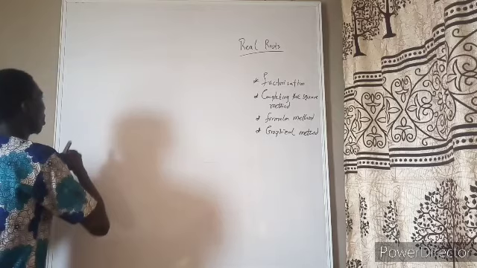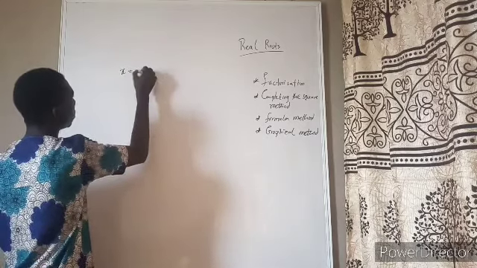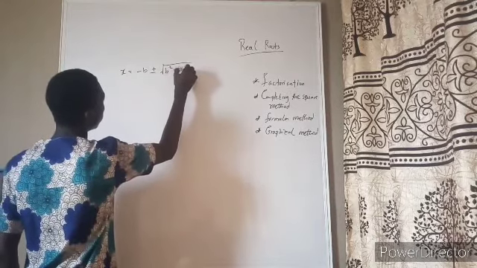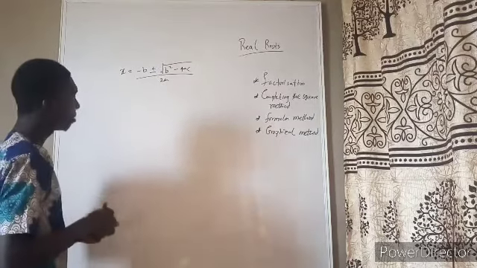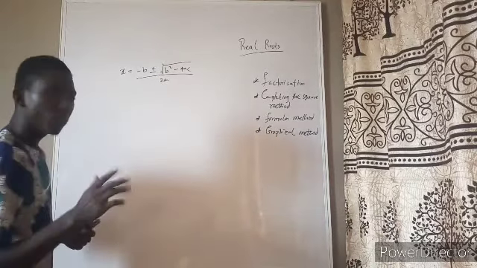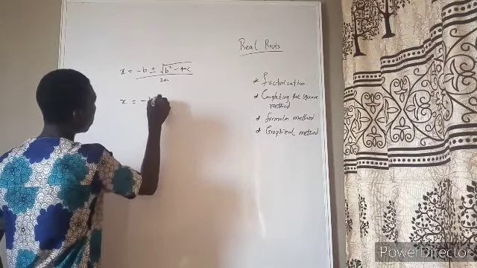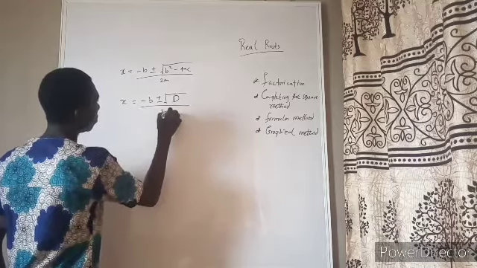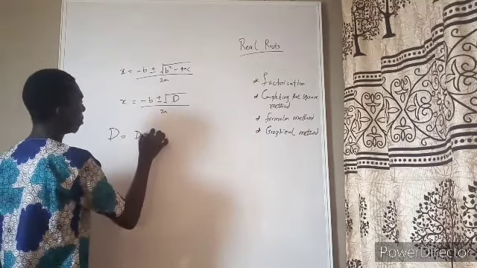Now, in our quadratic formula, we were told that x equals plus or minus root b squared minus 4ac all over 2a, right? Have you ever thought of why they say this part can be regarded as capital D, and they say let D be the determinant?